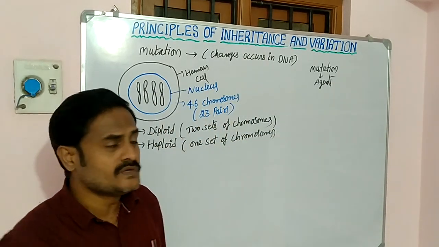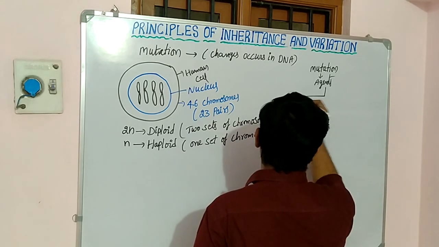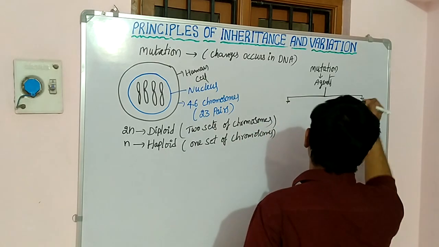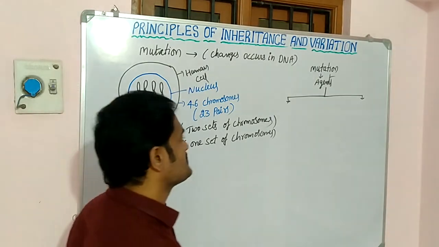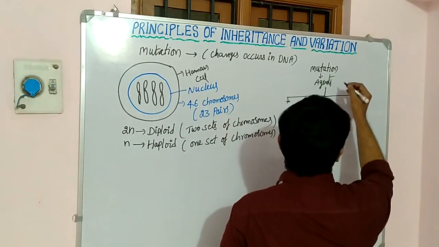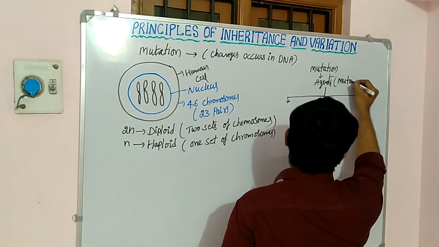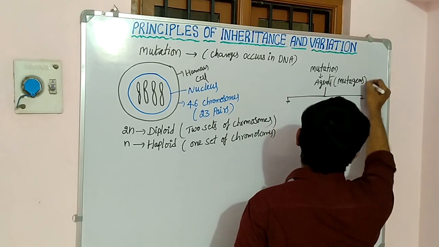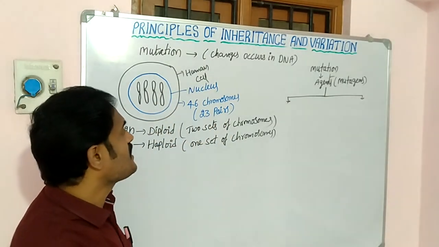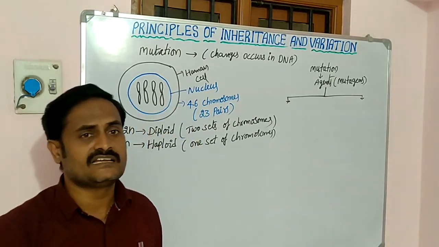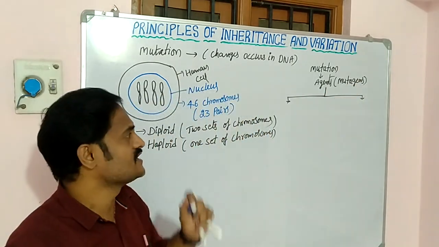There are two types of agents responsible for mutation in the cell. These agents are called mutagens, remember. The agents which cause mutation in the cell are called mutagens.